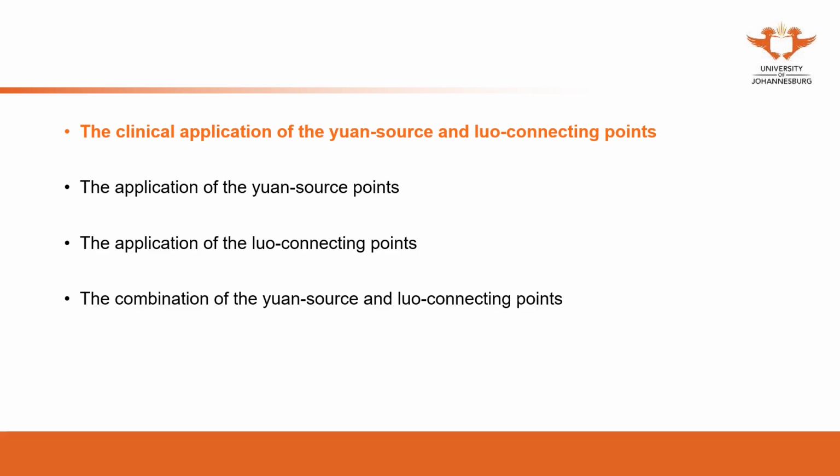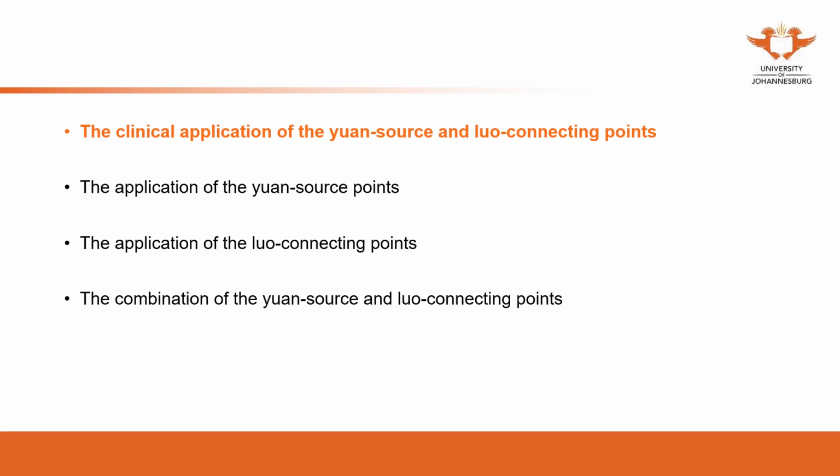From this clause, we understand that the Yuan source points can be used for specific internal organs. For example, the Yuan source points of the lung, we can use for lung problems. The Yuan source points of the spleen we can use for diseases that are related to the spleen.